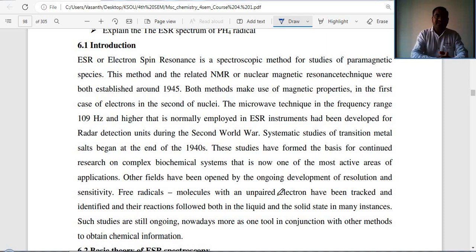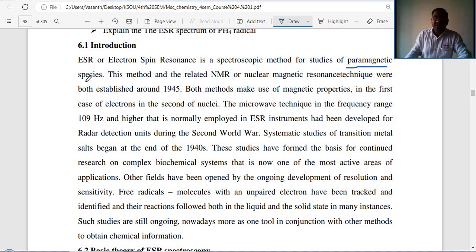Finally, we summarize the unit of ESR spectroscopy. The term ESR means electron spin resonance. It is a spectroscopic method for studies of paramagnetic species.